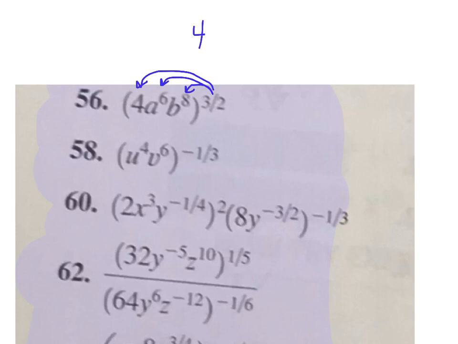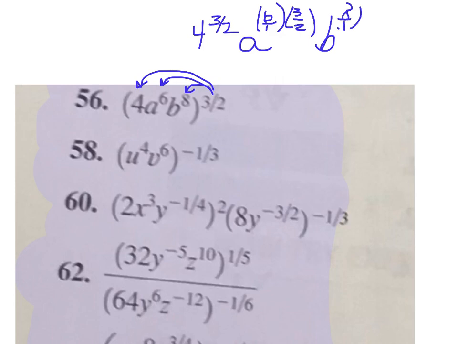This is 4 to the 3/2, right? Times A, and then this is 6/1 times 3/2, right? And then I have B to the 8th, which is 8/1, times 3/2. Does everybody understand where I got those numbers and all that good stuff?